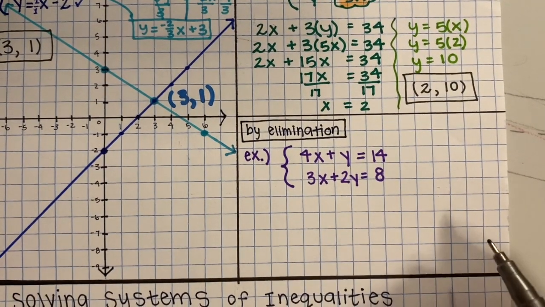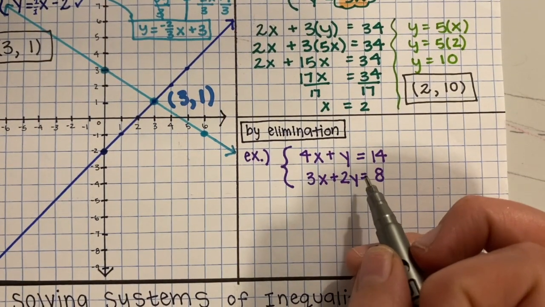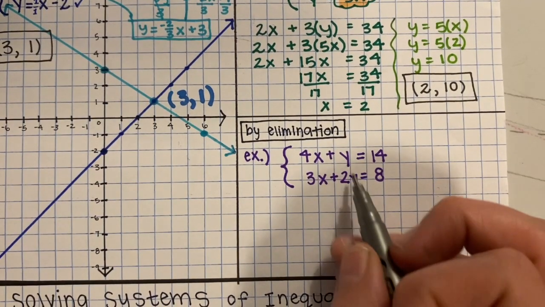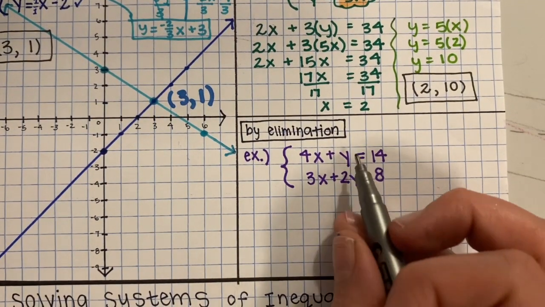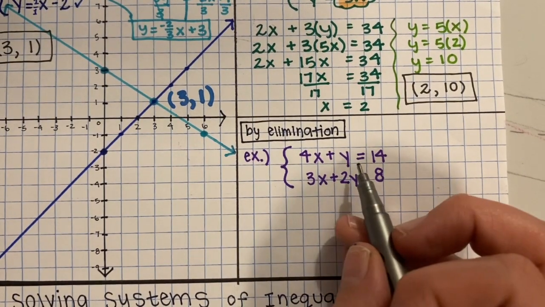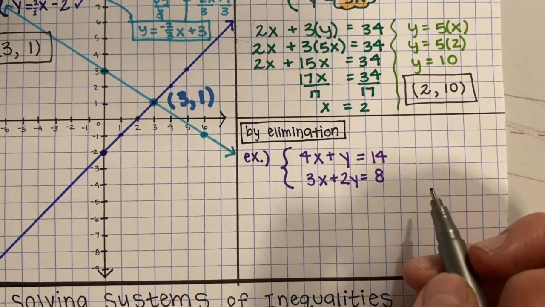So the idea of elimination is if you have negative 2y and 2y, those would add together to cancel out and you would just get rid of one of your variables. So if you can look at your equations and do that easily, that is when elimination is favored.